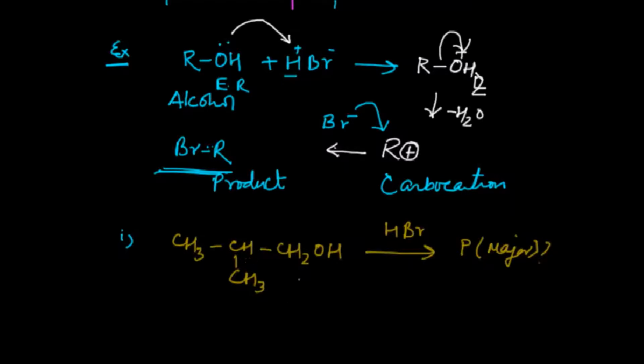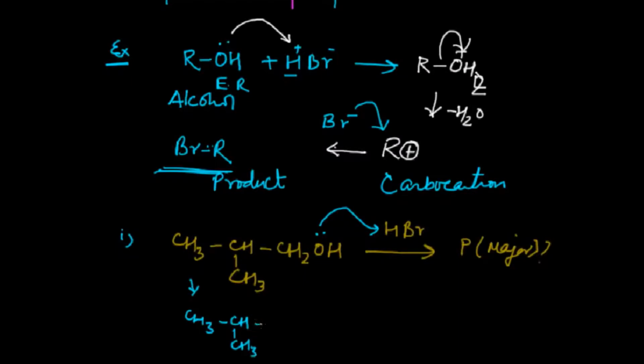This is quite simple. The moment we have the alcohol, it donates electrons to H plus, forming CH3CH2CH2OH2 positive.